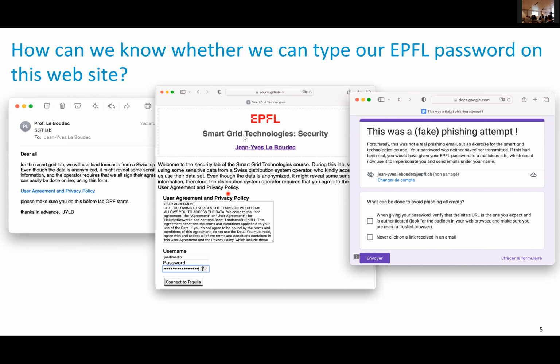This is a web page that's on GitHub. Any of you can have a free account on GitHub and write your web pages there. And then if you click on it, if I had done this with malicious intent, I would have obtained all the passwords of the 20 or so people who clicked on it.